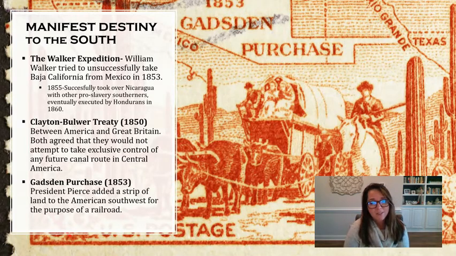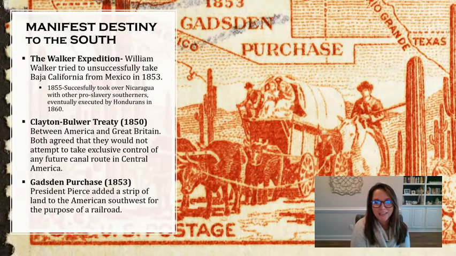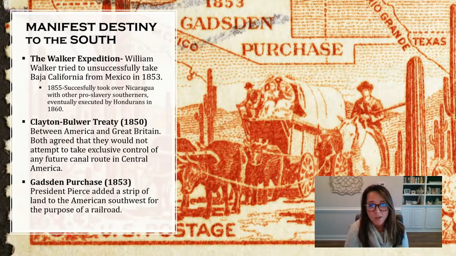Another example of Southerners trying to conquer land in order to expand the institution of slavery, you have the Walker expedition. So William Walker attempted to take the Baja Peninsula, down where California is. It's part of Mexico, in 1853.